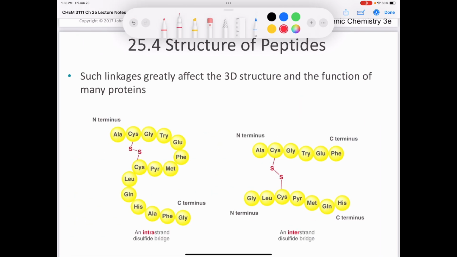And so you can see here that disulfide bridges are commonly observed between cysteine residues in the same strand sometimes, or between cysteine residues in different strands. So you see here in these two molecules, or I should call them proteins or peptides, in the first one we have an intrastrand disulfide bond between two cysteine residues. And here we have it between two different chains, and that is called an interstrand disulfide bridge.